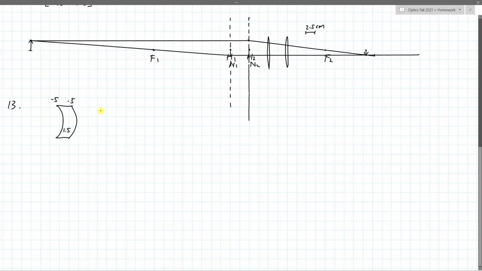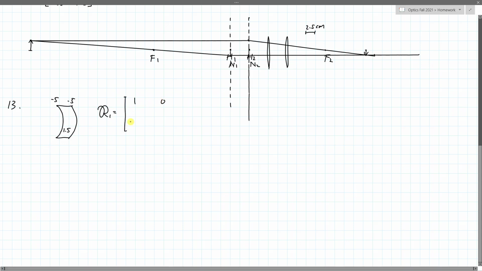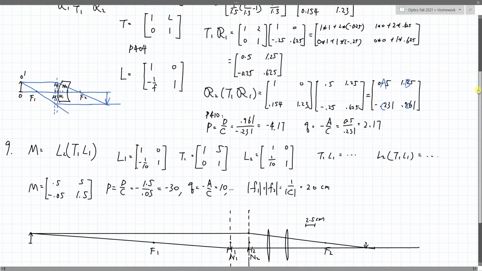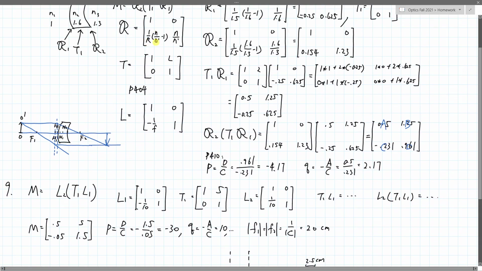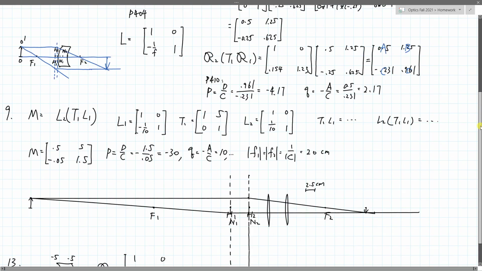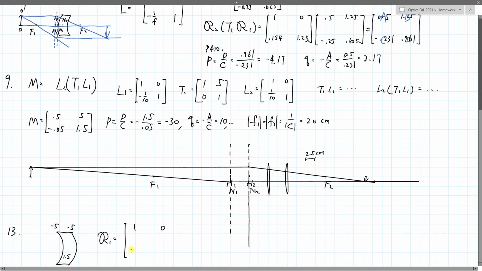So R1, which is the left one here, will have 1, 0. This is actually related to the R here. 1 over R, left over right, minus 1. So 1 over R, so this is going to be in the denominator, minus 5.